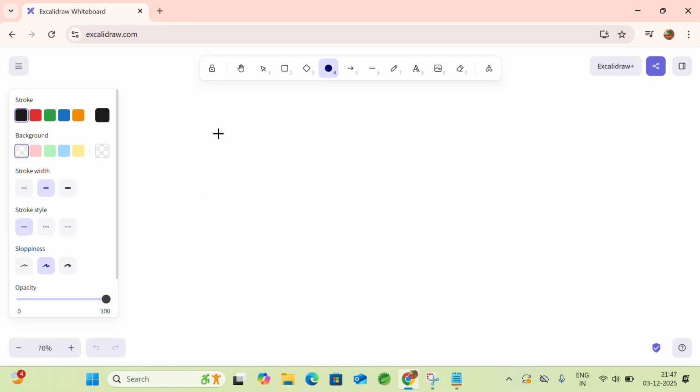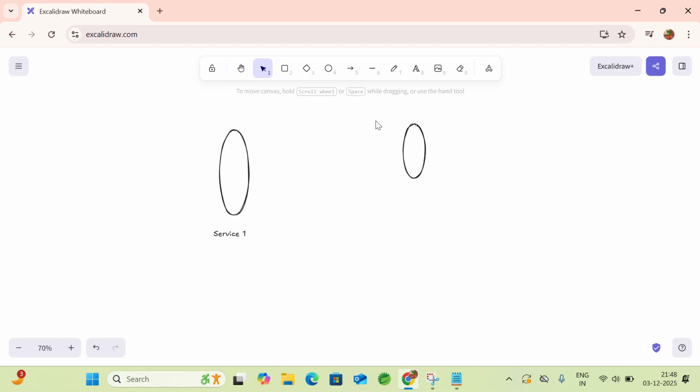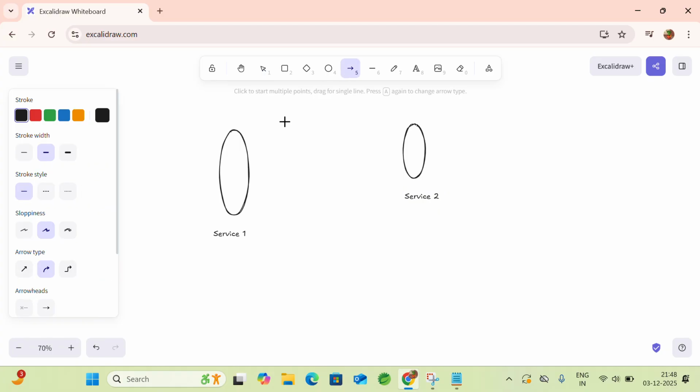Here we have a service one, and here we have another service. Let me write over here. This is our service one, and this is our service two. Once we send some data from service 1 to service 2, we expect the response from service 2 to 1.